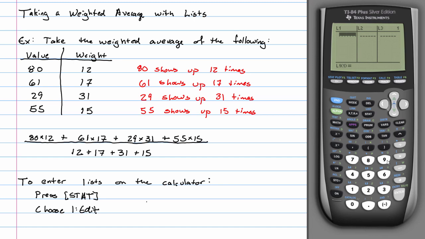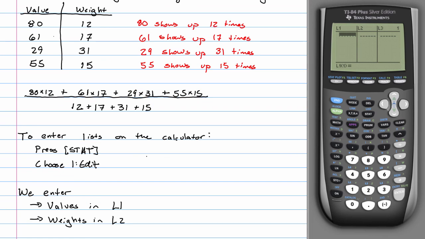So for this problem, I'm going to enter my values in list 1, it says L1 at the top, and my weights in list 2. So my values are 80, 61, 17, 80, 61, 29, and 55.